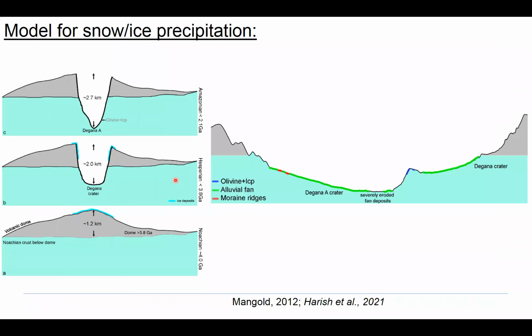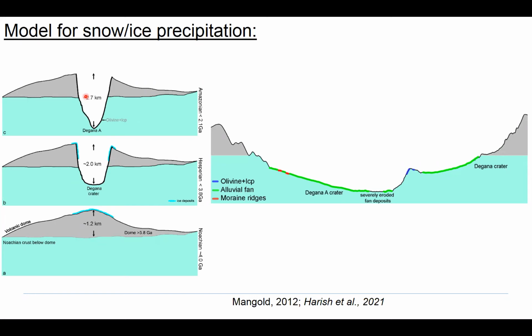What happened on Digana, the story goes like this. The Noachian dome is roughly 1.2 kilometers in height, and it is older than 4 billion years. This Digana impacted this volcanic dome and excavated nearly 2 kilometers of material. That means it has pierced into this volcano and exposed the underlying material.